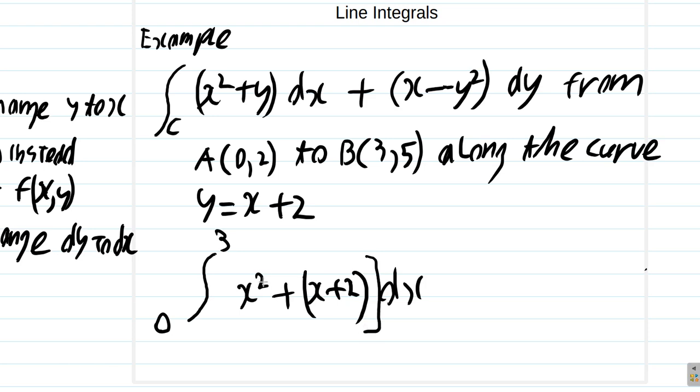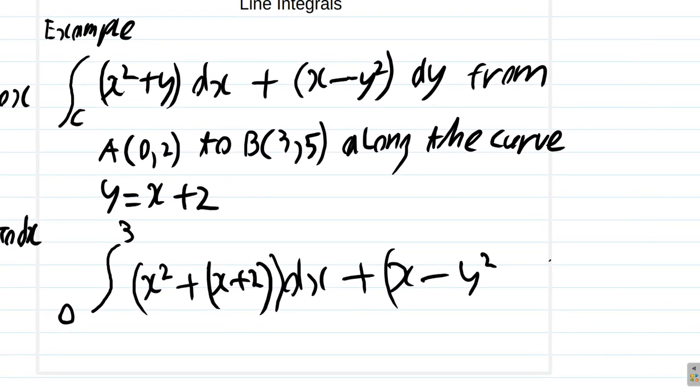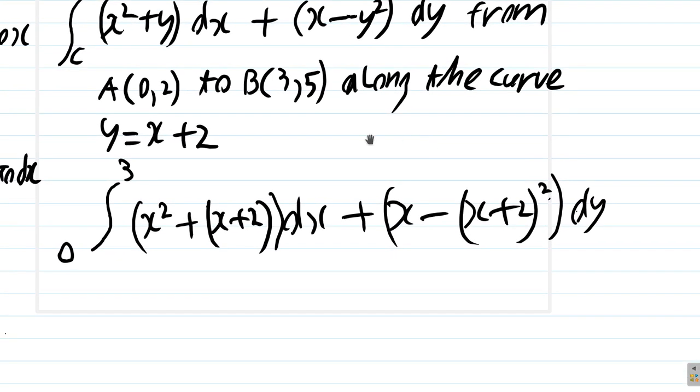Alright, so we have this part dx plus x minus y squared, but again no y should be there, only x, and you know that y is x plus 2. So instead of y squared, it's x plus 2 squared. Alright?